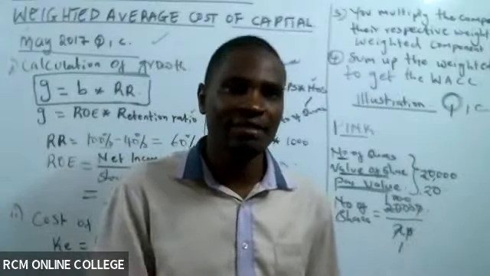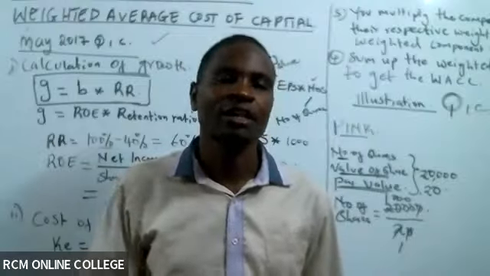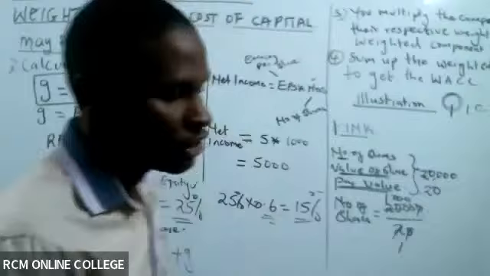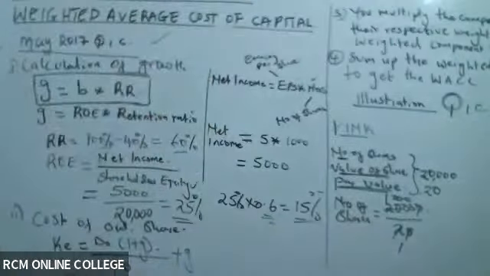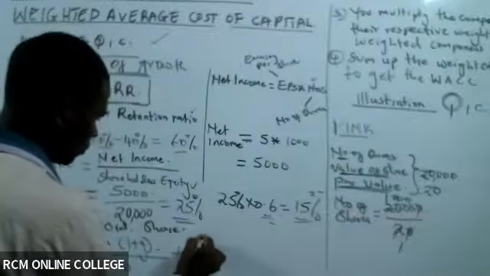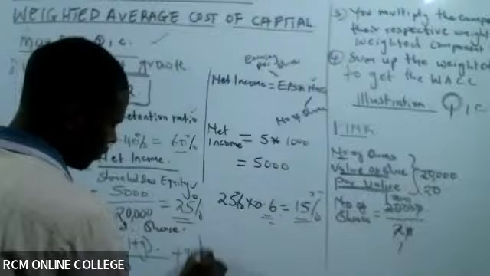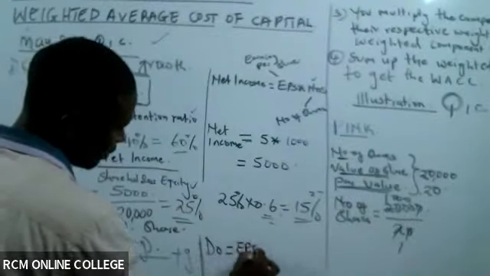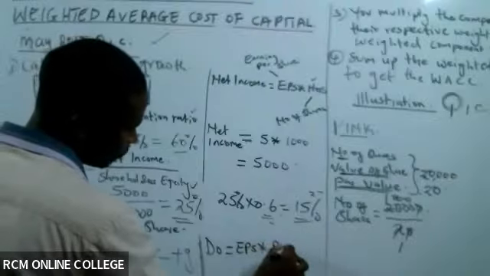So to get the current dividend, when given the earnings per share, you just take the earnings per share times the payout ratio. So our D0 will be given by EPS times payout ratio.